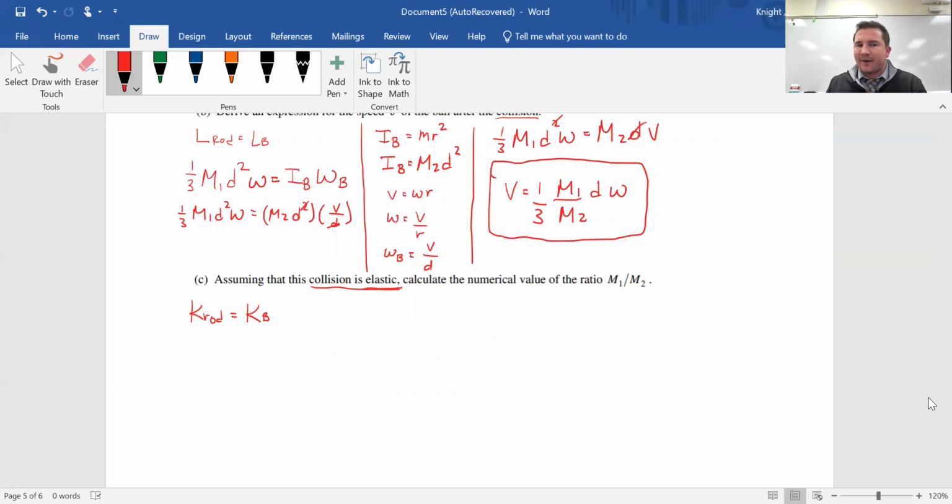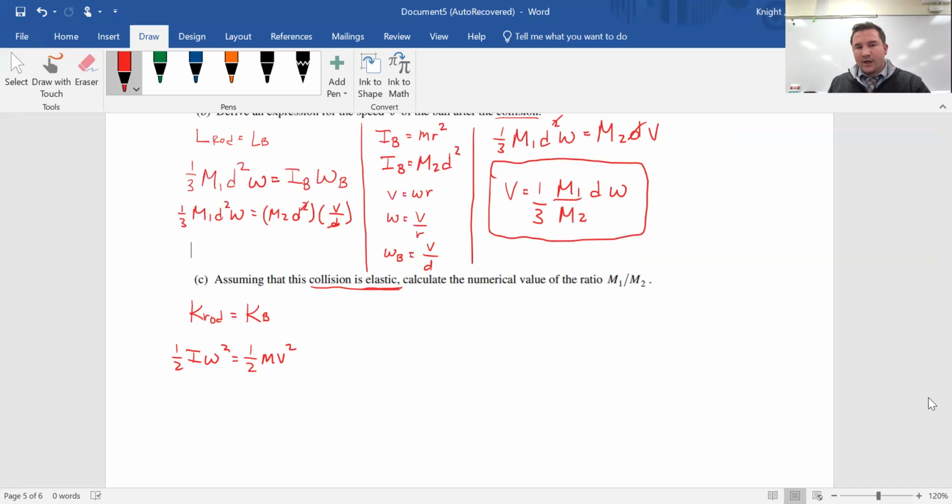If the rod doesn't stop after the collision, we have a whole different case, because we have to add kinetic energy of the rod afterwards. But because the rod stops, it's giving all of its momentum and all of its kinetic energy to the ball. So the rod is rotating, so it has rotational kinetic energy, which is 1/2 I omega squared. The ball has linear kinetic energy, which is 1/2 mass times velocity squared.